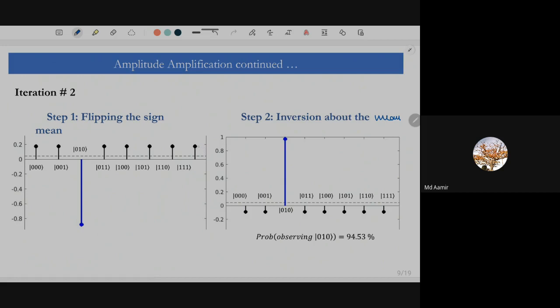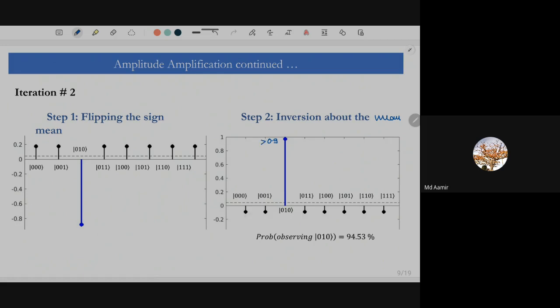It's way down from this black dot, because we have a huge probability amplitude of this blue, which is taking the mean down even further. Now we'll do the inversion about mean. So this blue stick is almost reaching 1 now, more than 0.9.